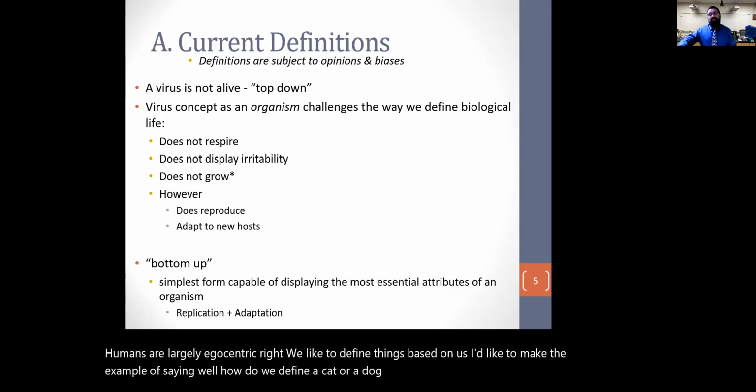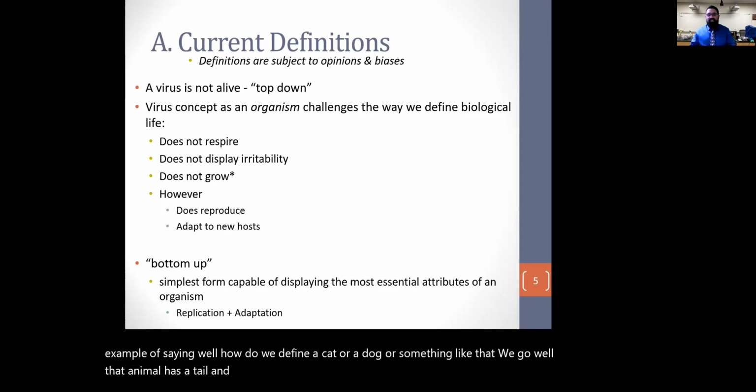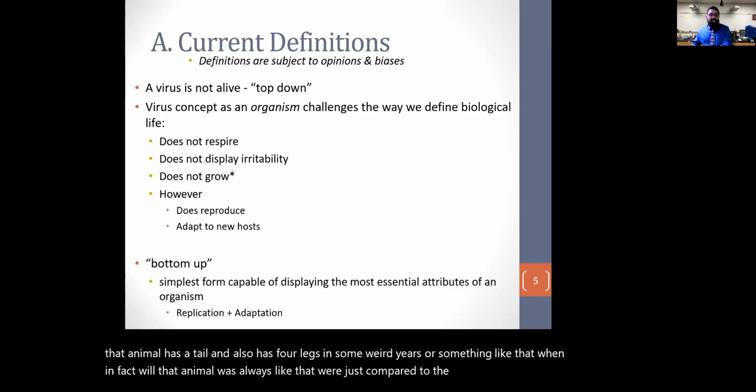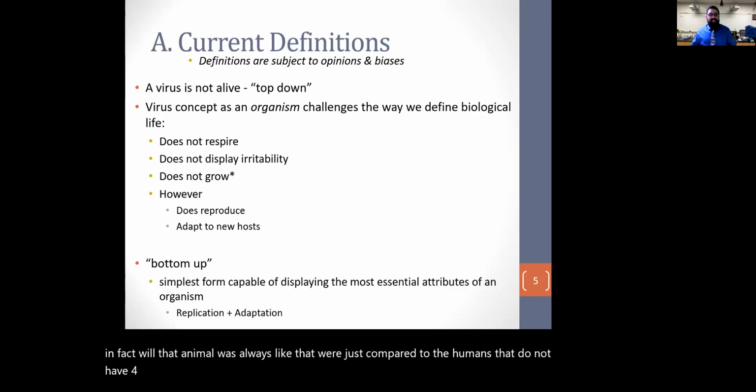And we go, well, that animal has a tail and also has 4 legs and some weird ears or something like that. When in fact, that animal was always like that. We're just comparing to the humans that do not have 4 legs, rather we have 2 arms and 2 legs, and say, well, that one has these other things. That's a little bit of an egocentrical point of view.